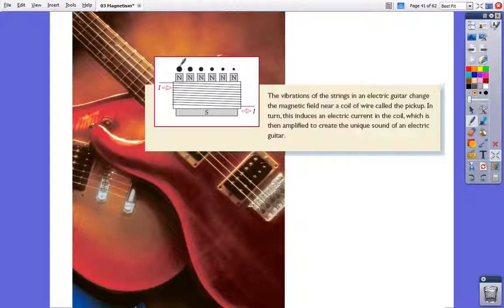So because of this, if the string is moving up and down, it will create a change in magnetic field. When this happens, it will create induced current.